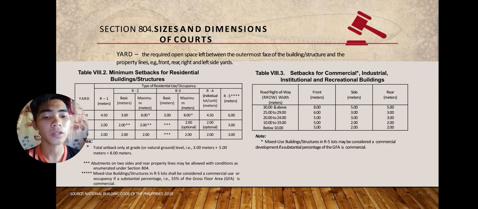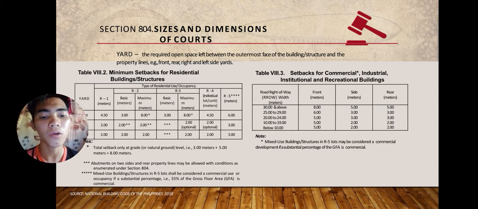This section says the minimum size of courts and their least dimensions shall be governed by the use, type of construction, and height of the building as provided in the rules and regulations promulgated by the Secretary. Provided that the minimum horizontal dimension of the court shall be not less than 2.00 meters.